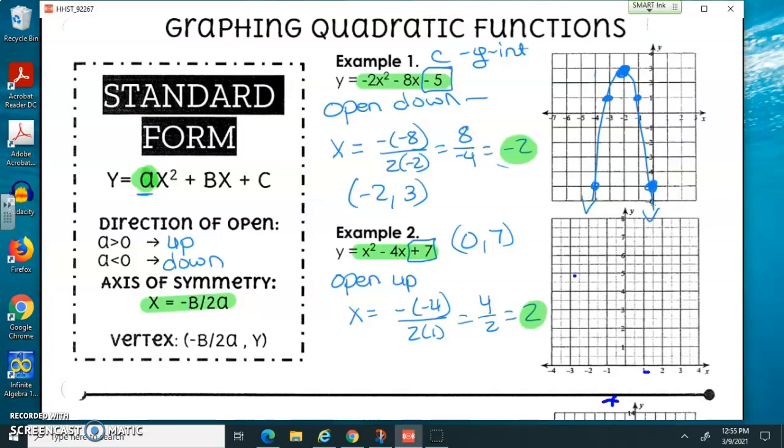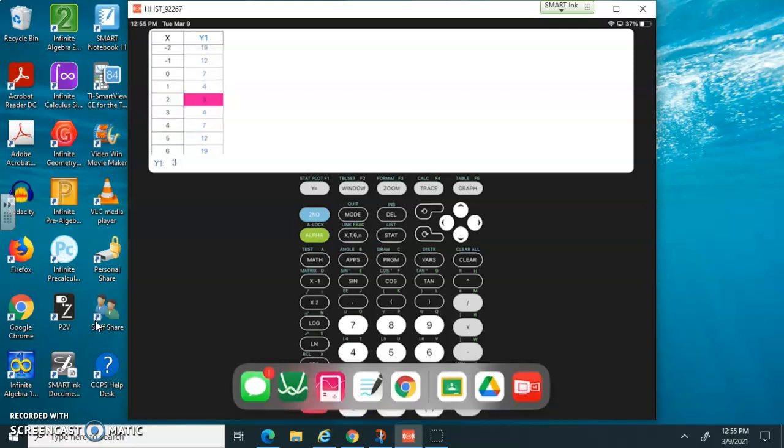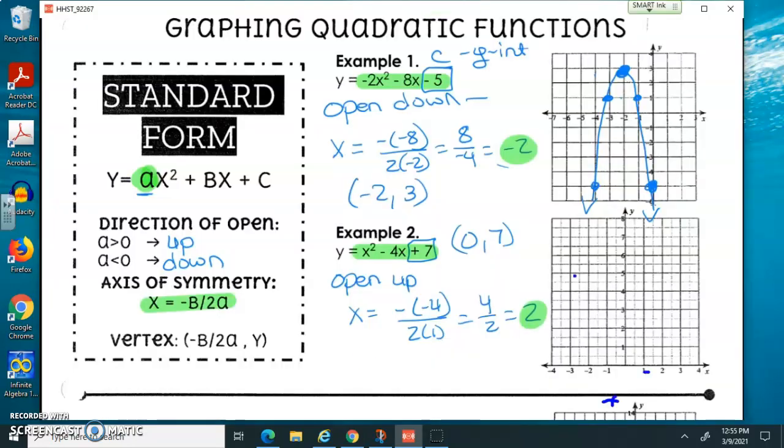Let's do our vertex first. Our vertex we know is here at 2, 3. So 1, 2, 1, 2, 3. We know it's going to open up.